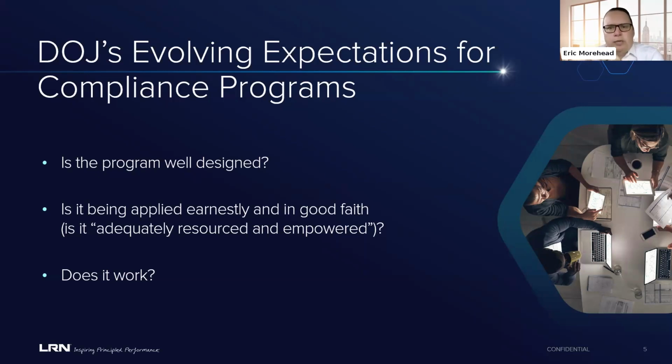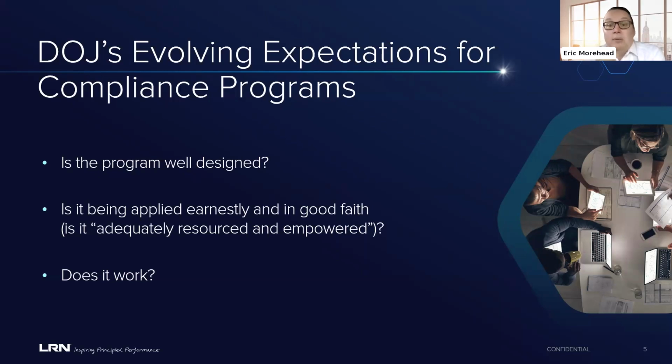the department has been using terms like empowered and stature with regards to compliance for a few years now. So not only in this memoranda, but in speeches, assistant attorney generals and other Department of Justice officials have reinforced this idea that they expect to see compliance as a member of the leadership team and having some influence on the organization overall, not a function that is cabined off to the side.